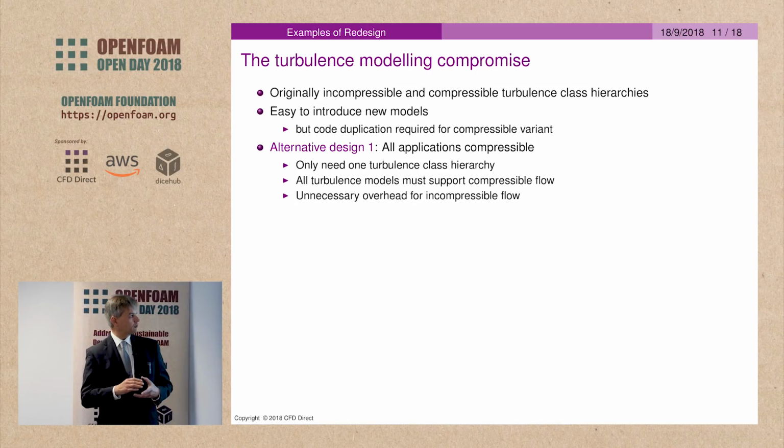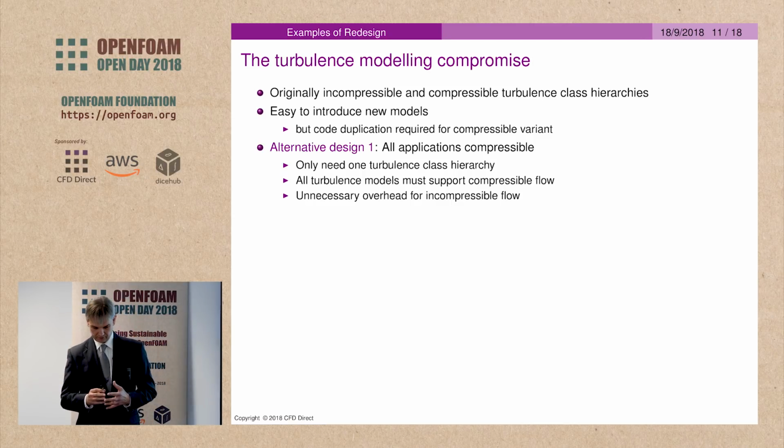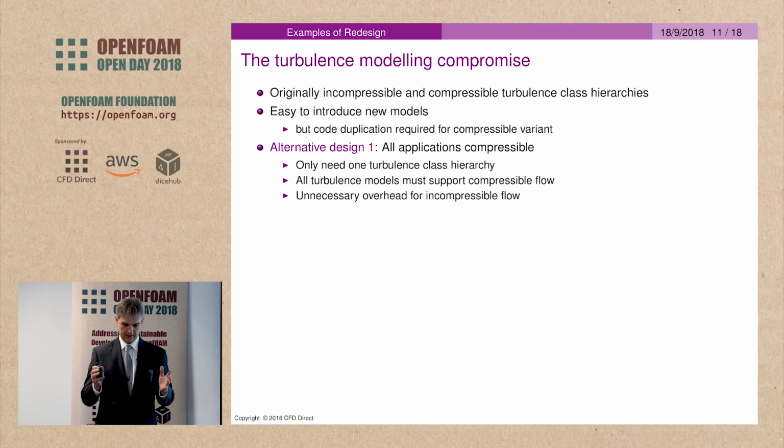But more recently, we came to want to redesign it, think about can we avoid the duplication, what are the alternatives, particularly using new language functionality. One option is the classic option, which typically commercial CFD codes use. Only have one turbulence hierarchy because you only have one set of applications. Everything is compressible.